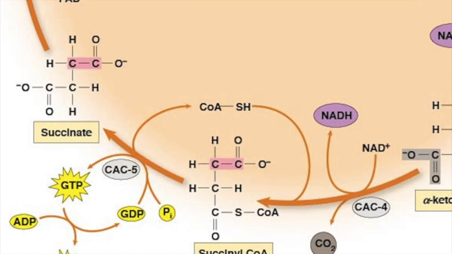GTP you can think of as analogous to ATP. It's another high energy molecule carrier, and that GTP then can later be converted or transferred to an ATP molecule. So you actually are generating one ATP just in transforming this succinyl-CoA with this high energy thioester bond into succinate. So as succinyl-CoA turns into succinate, we actually get a first GTP molecule here.